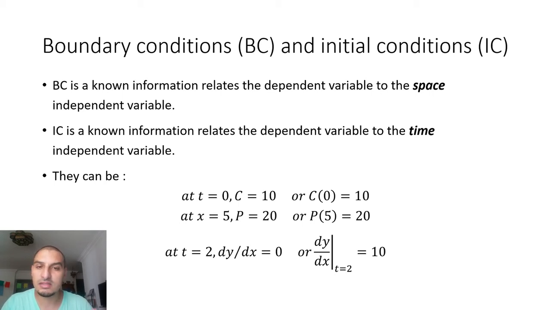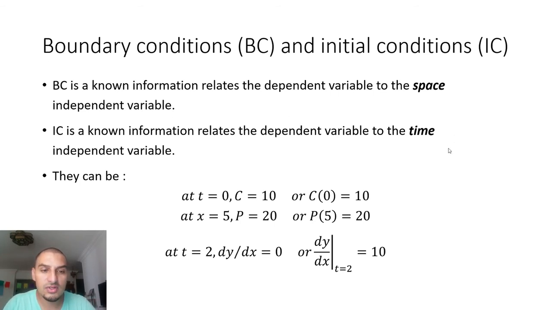So I know at a specific time the concentration, or at a specific distance or location I know the concentration, or whatever the dependent variable is. But when the independent variable is a function of space, like distance, we call it a boundary condition, because it is usually at the boundaries of the geometry. So we call it a boundary condition.